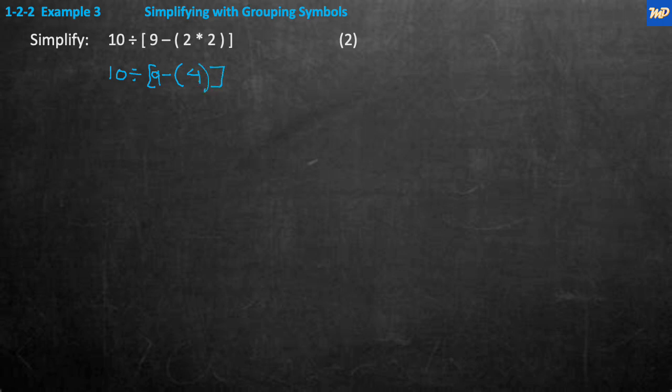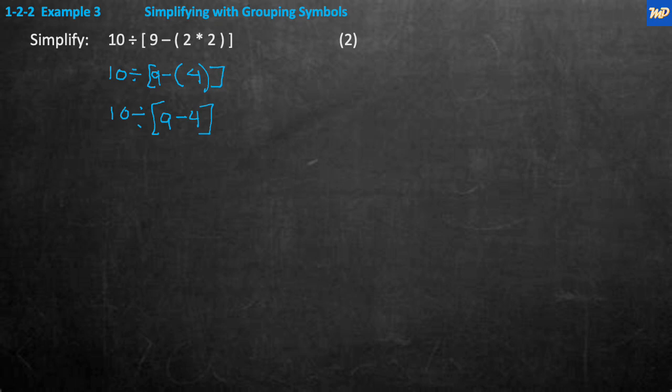Okay, we've now taken care of what's inside the parentheses, so we can now eliminate the parenthesis from the picture. So now we're going to have 10 divided by bracket 9 minus 4 bracket. See, the parentheses are gone.